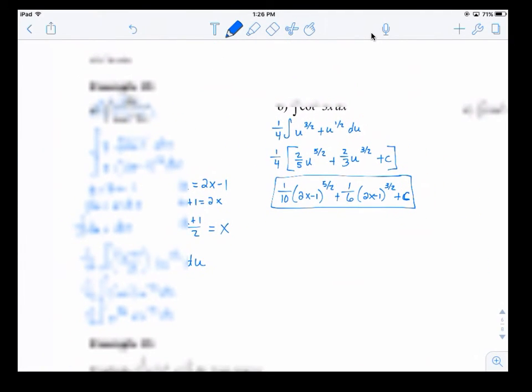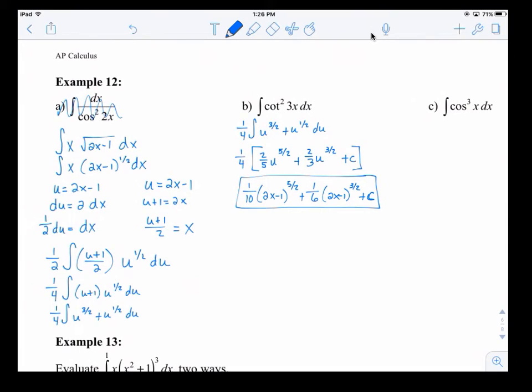This is when you're off by an actual function. Well, any constant divided by 4 is just another constant. Yeah, it's just a constant. They're not that worried about that part.